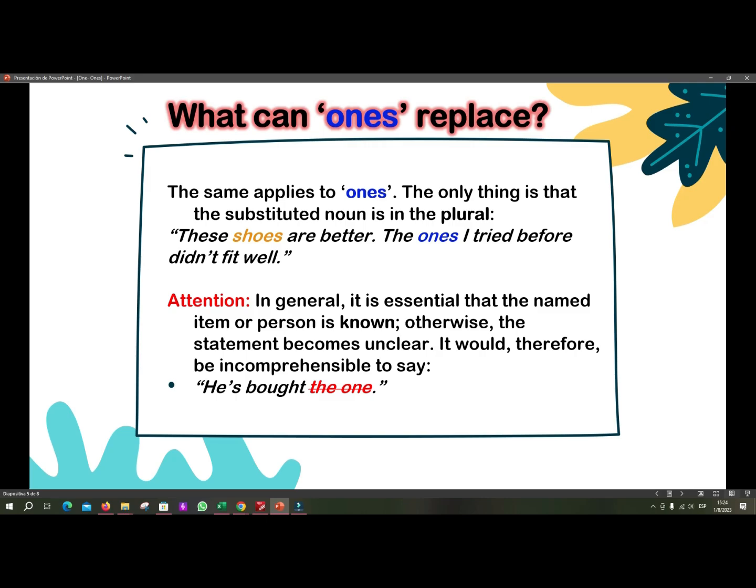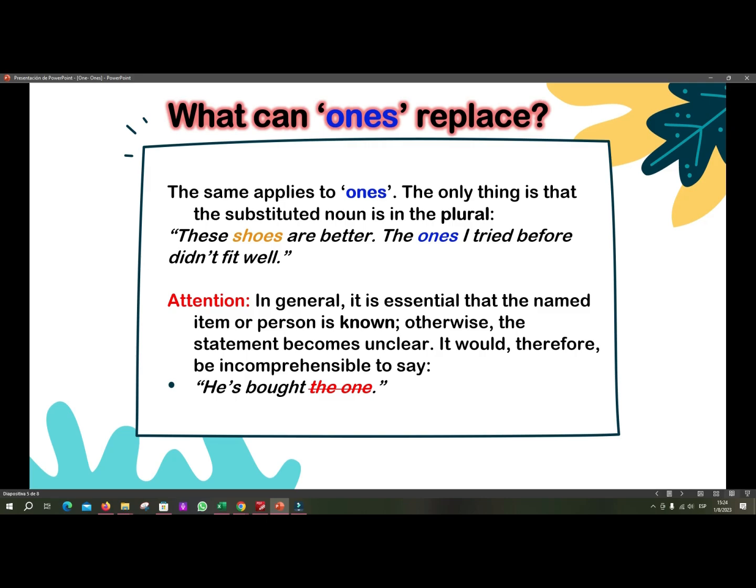So, you really need to pay attention in the use of these pronouns because you have to have information about the noun that you are talking about, right?